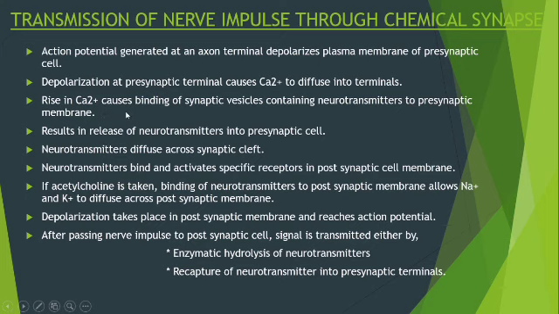Rising calcium ions cause the synaptic vesicles containing neurotransmitters to bind to the presynaptic membrane. This results in release of neurotransmitters, which diffuse across the synaptic cleft. Then neurotransmitters bind and activate specific receptors in the postsynaptic cell membrane.